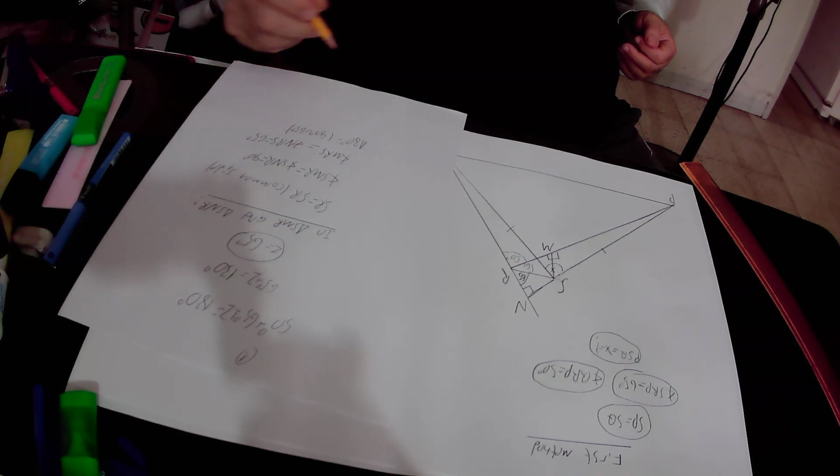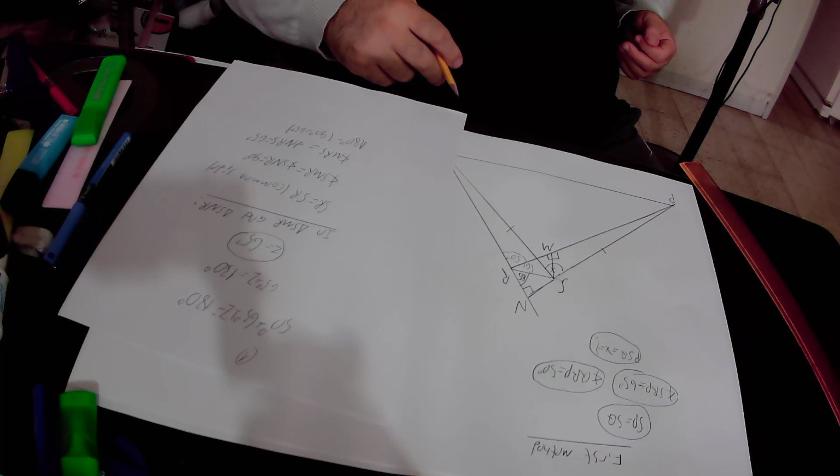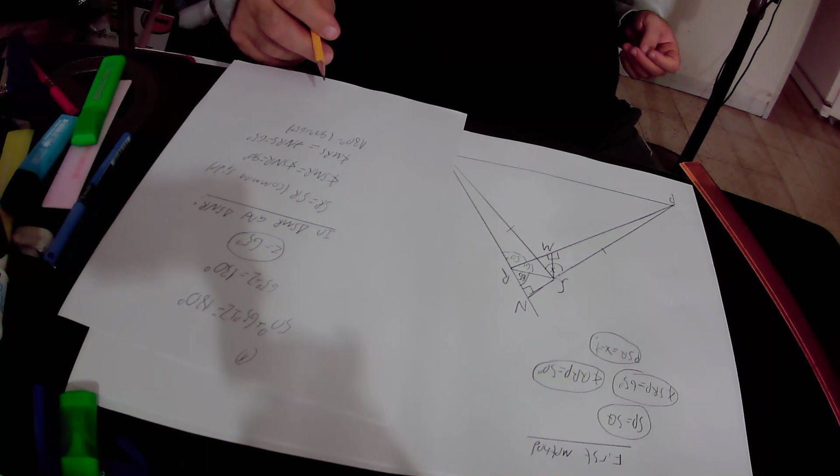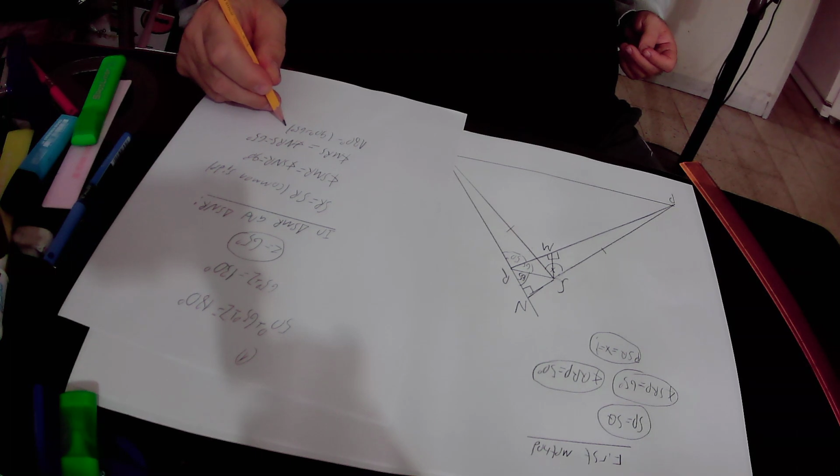So 90 plus 65 is 155 degrees, and 180 minus 155 is 25 degrees.